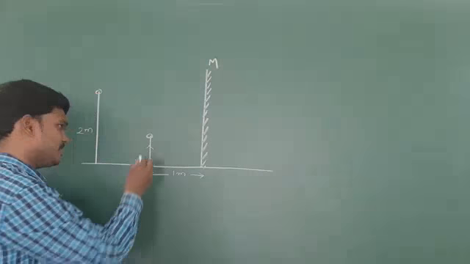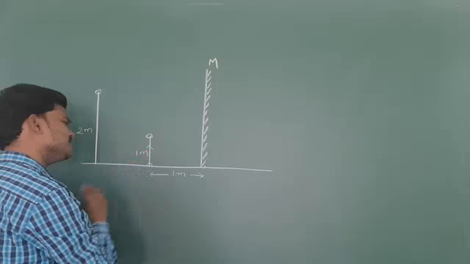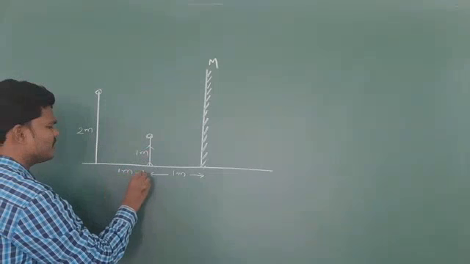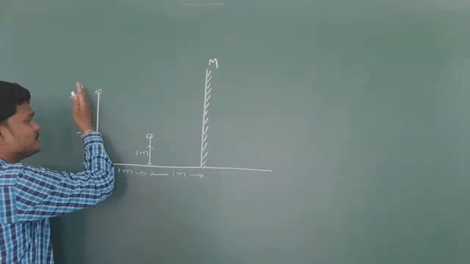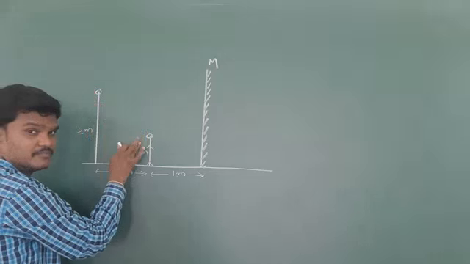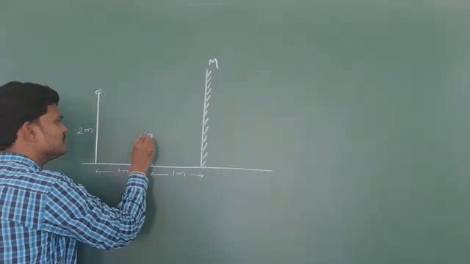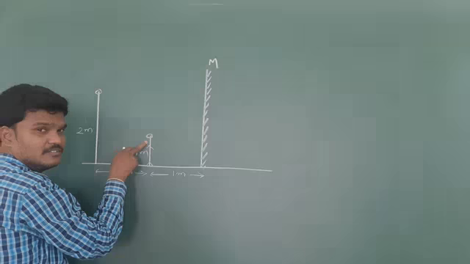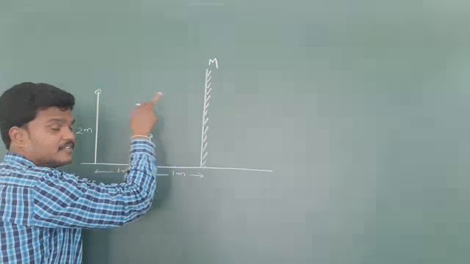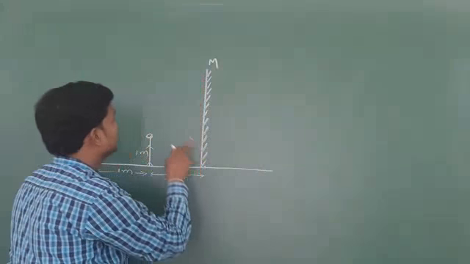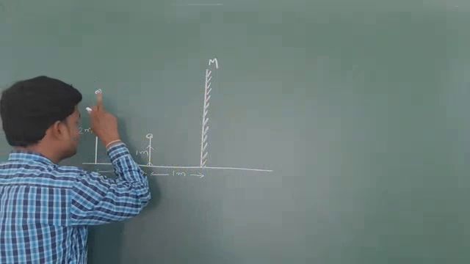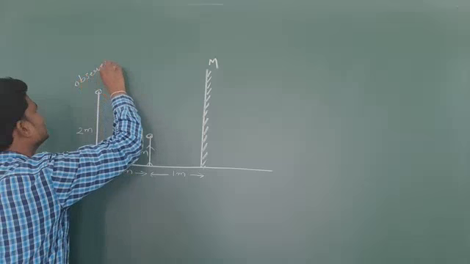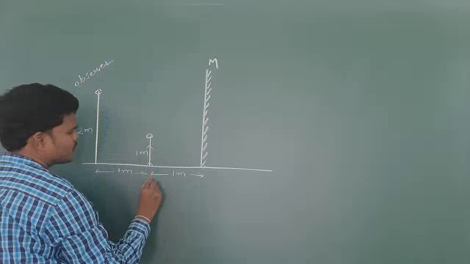He is also standing at 1 meter. Let us suppose this is the boy and this is the man. The man wants to see the full image in the mirror. Then how much length of the mirror is required by this man? This man I call the observer, and this I call the object.